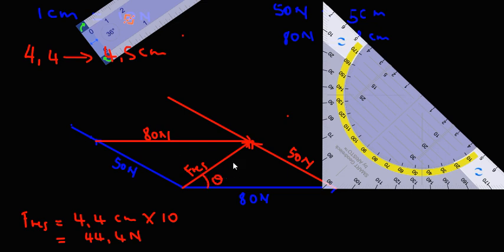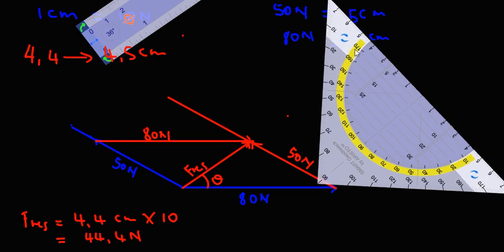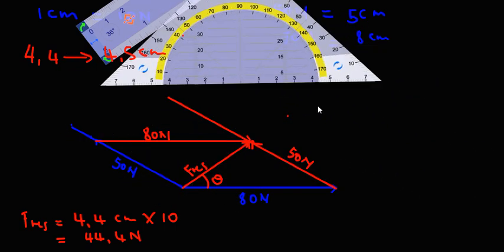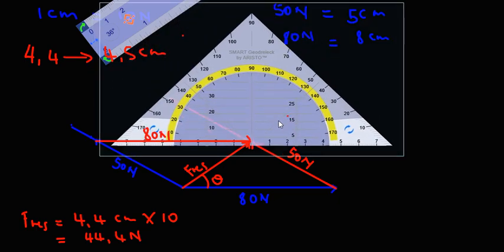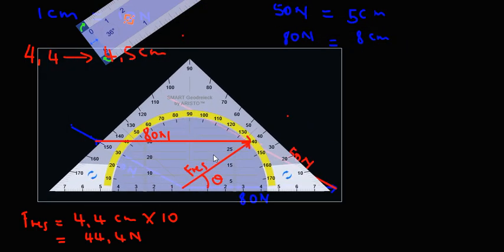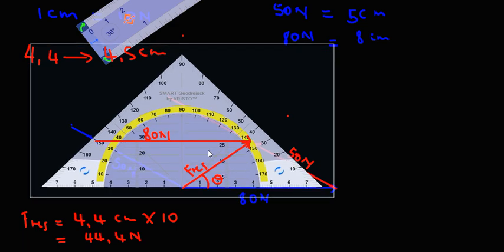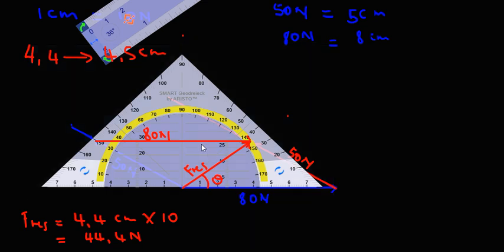So let's do that. You need to bring in the protractor, and let's flip this and bring it down, push it to that point. All right, and the 0 point must align with the vertex or the object where all the forces are acting.